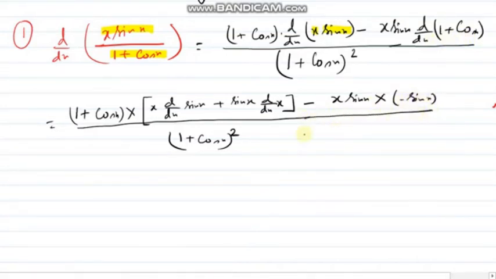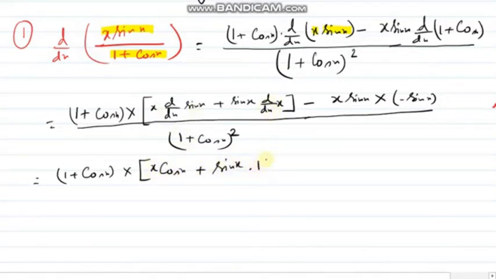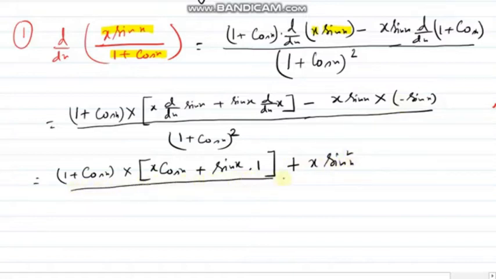So it will be 1 plus cos x into d/dx of x sin x, which is x cos x plus sin x into d/dx of x, which is 1, minus, it will be plus x sin square x, divided by 1 plus cos x whole square.